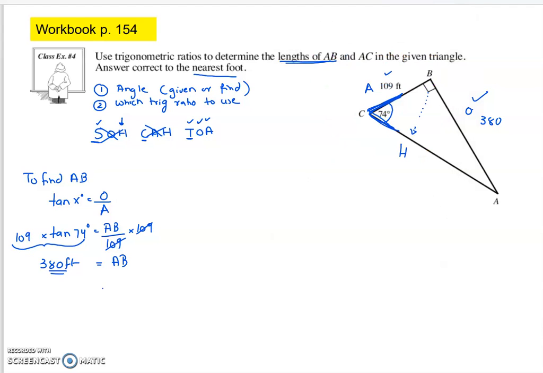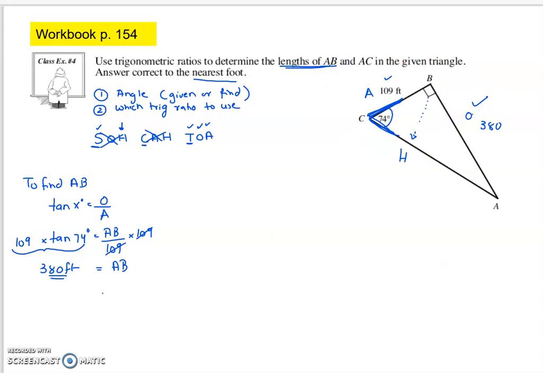So now I'm going to set up to find the second side, which is AC. Since we're still using the same angle, my labeling still works. I just need to again determine by SOHCAHTOA this time which one of these identities I am going to use.